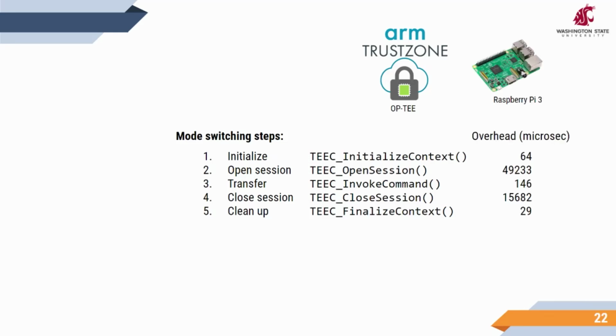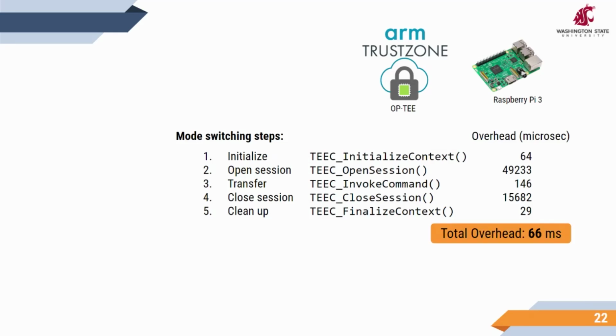But the problem is that these operations are costly, specifically if we consider embedded and real-time cyber-physical applications. So in the slide, I put the numbers we observed from running each of those API calls on a Raspberry Pi embedded platform.